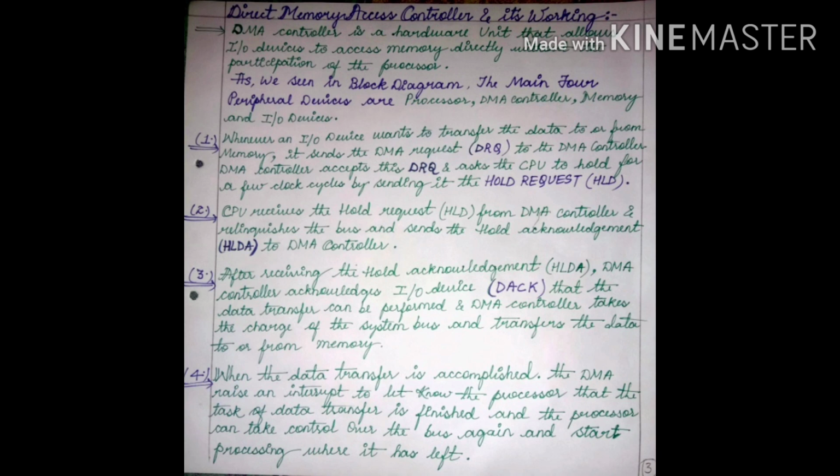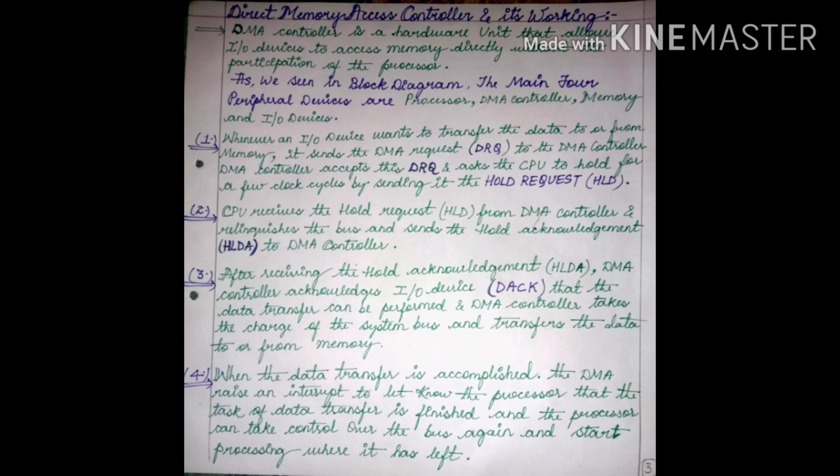Fourth, when the data transfer is accomplished, the DMA raises an interrupt to let the processor know that the task of data transfer is finished, and the processor can take control over the bus again and start processing where it left off.